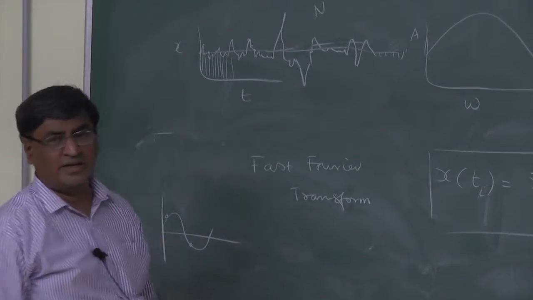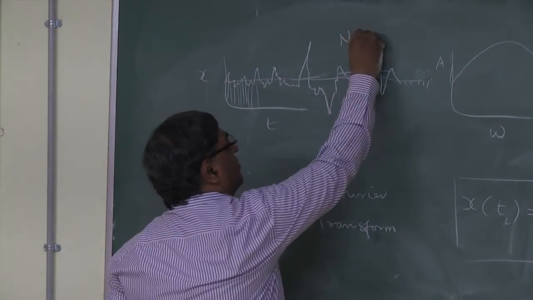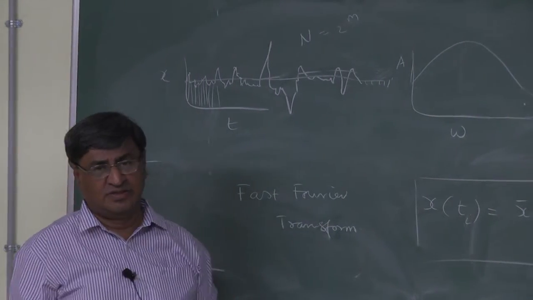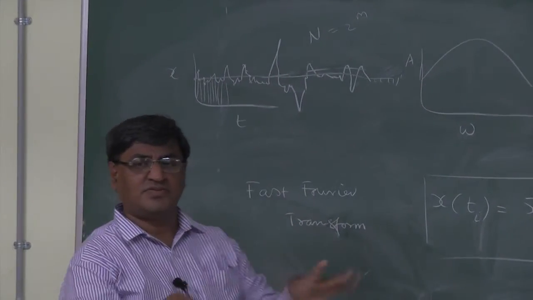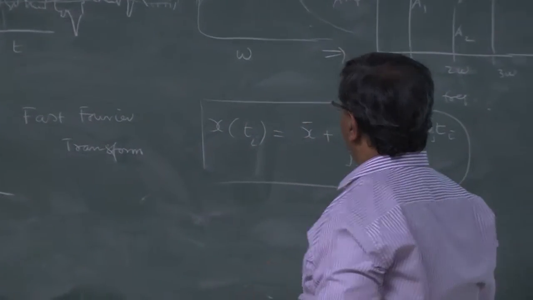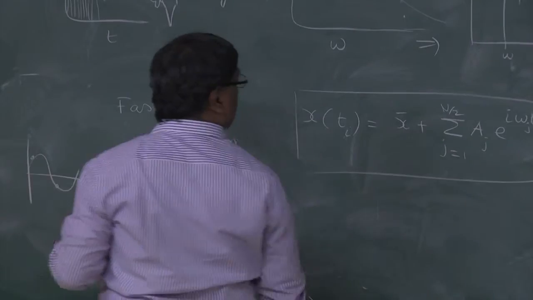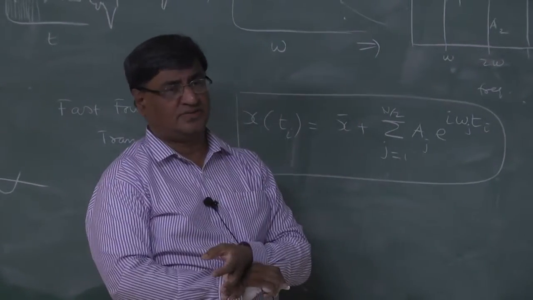It's called zero padding. You bring it to 2 power m, so the total number of data points must be 2 power m. Any number of zeros added will not affect this. Once you bring it to some 2 power m, you can apply the fast Fourier algorithm and finally get the amplitudes corresponding to different frequencies.